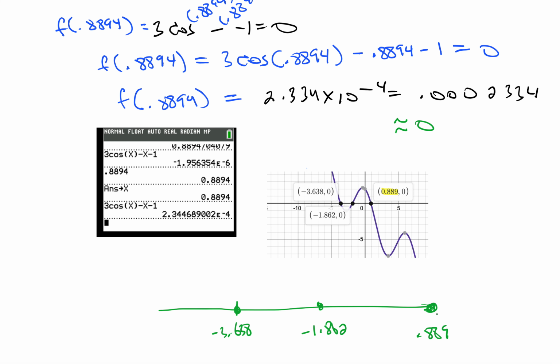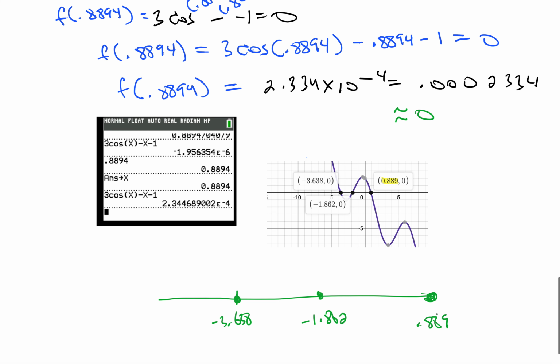Right there, right? So now the first time we did this, we picked numbers between 0 and 1.